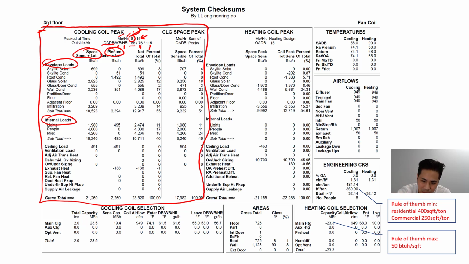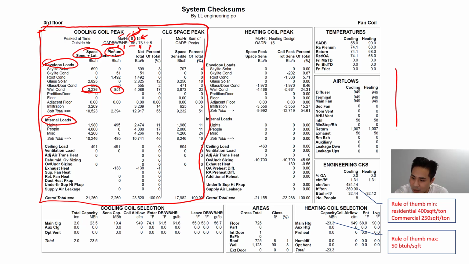So if you look, you can see there's a small portion of, let's say, the wall conduction. A small portion of the wall conduction is in the space, and a portion of that wall conduction is in the plenum, because the wall is shared between the space and the plenum.